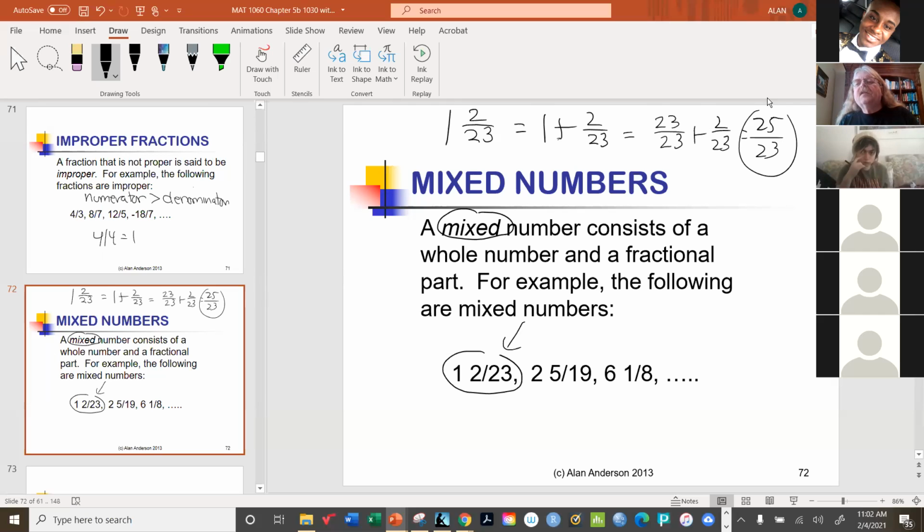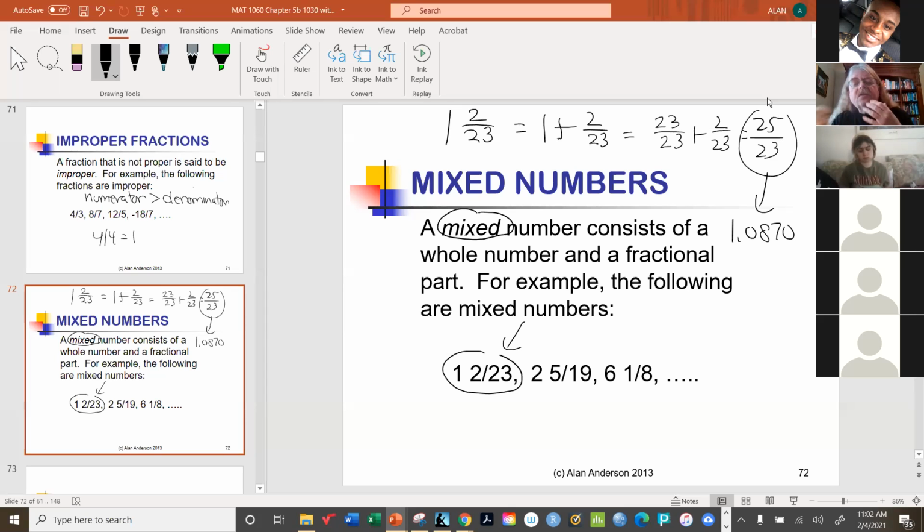It will automatically convert it into the decimal equivalent, which in this case is approximately 1.08670. So you can see why for a calculator, these are all very awkward ways of expressing numbers. It's going to reduce everything to decimals.